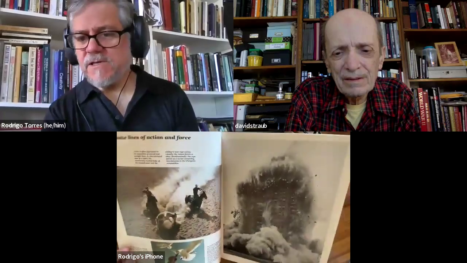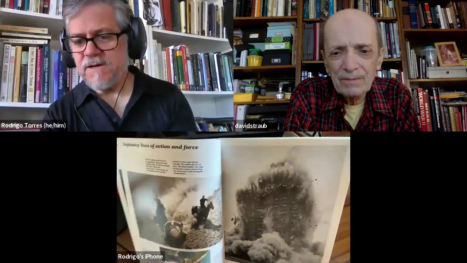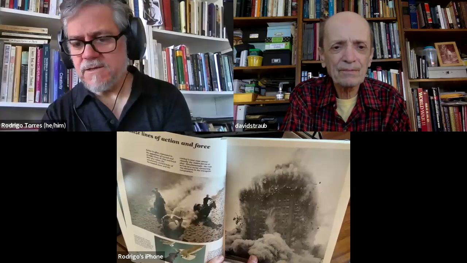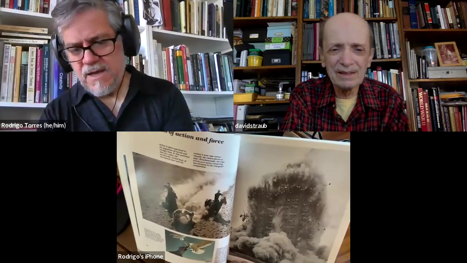This picture reminded me of talking about the mass of an object and how that comes across, and the force of the energy going into this exploding building, and capturing a decisive moment there.